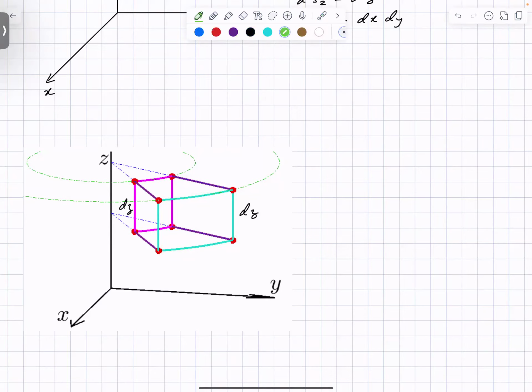If we were to write the full coordinates, this point would be rho plus d rho, phi plus d phi, z plus dz. Whereas if we consider this point over here, that would be rho, phi, z.